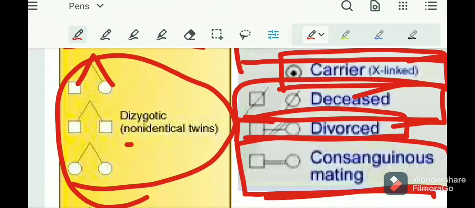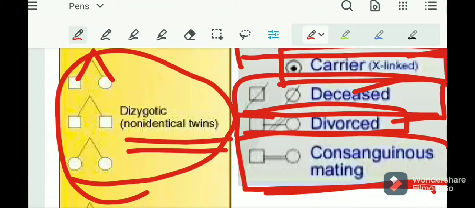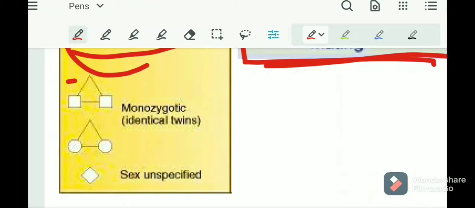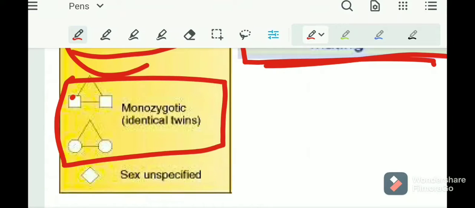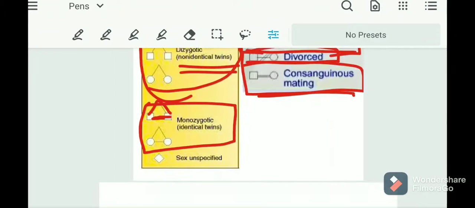Non-identical twins can be brother and sister, brother and brother or sister and sister. Now monozygotic is this, where they are joined by a line. They can be only of the same sex, that is brother or sister. So these are the common symbols used in the pedigree chart.